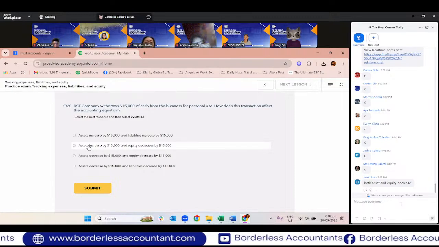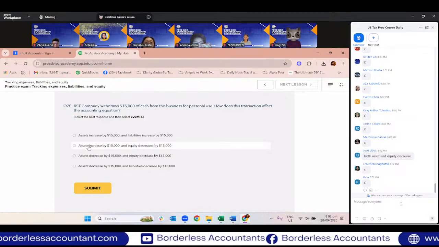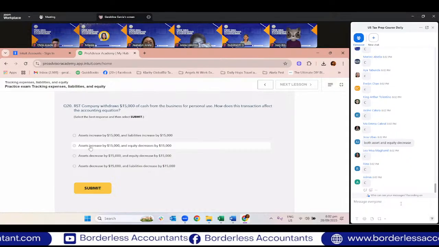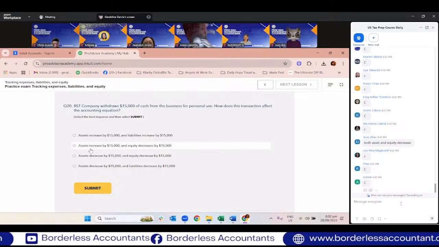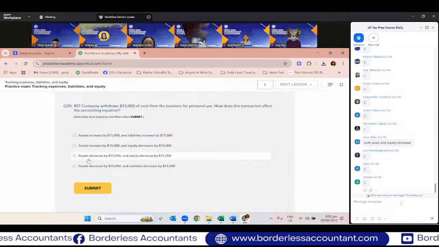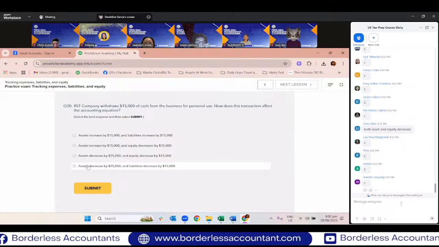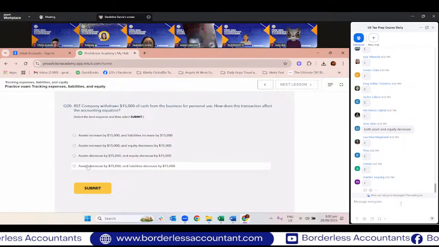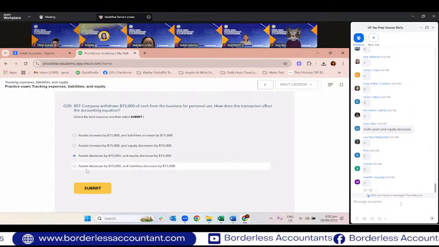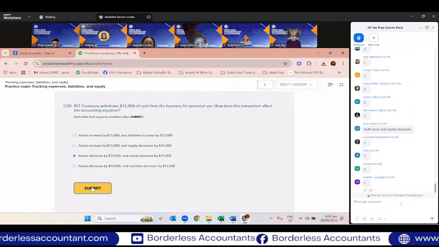Assets increased by 15,000 and equity decreases by 15,000. Assets decreased by 15,000 and equity decreased by 15,000. Then the next is assets decreased by 15,000 and liabilities decreased by 15,000. So letter C is the correct answer. Assets decreased by 15,000 and equity decreased by 15,000.